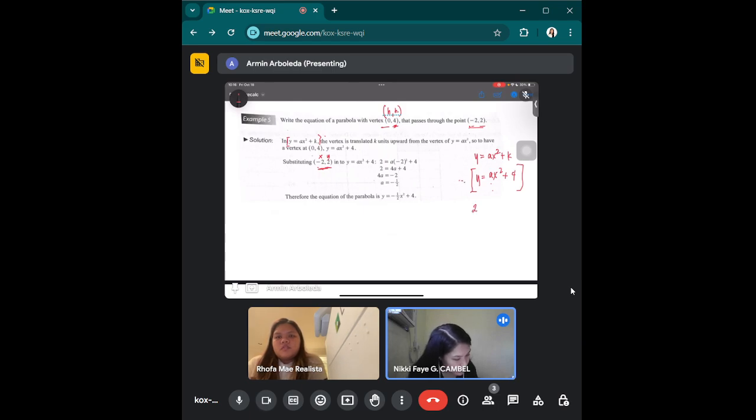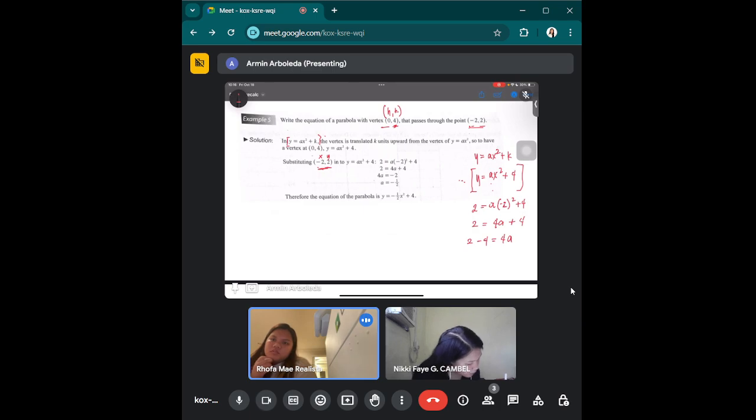So positive 2 equals a times negative 2 whole squared plus 4, so 2 equals 4a plus 4.